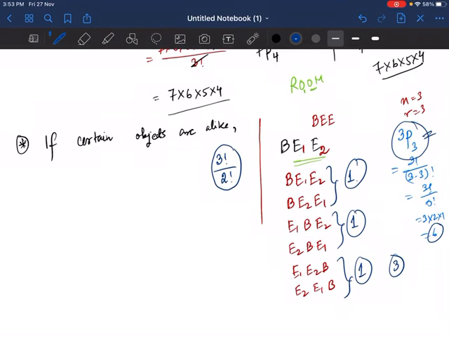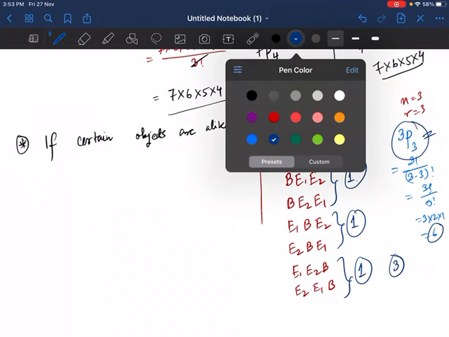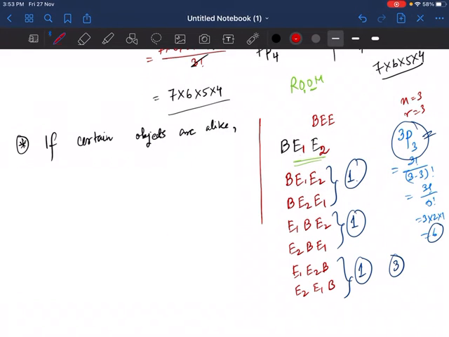So basically, it will be nPr divided by the number of alike letters, 2 factorial, because 2 letters are alike. Let me give you the definition of this theorem. If certain objects are alike, what will be the answer of the permutation?